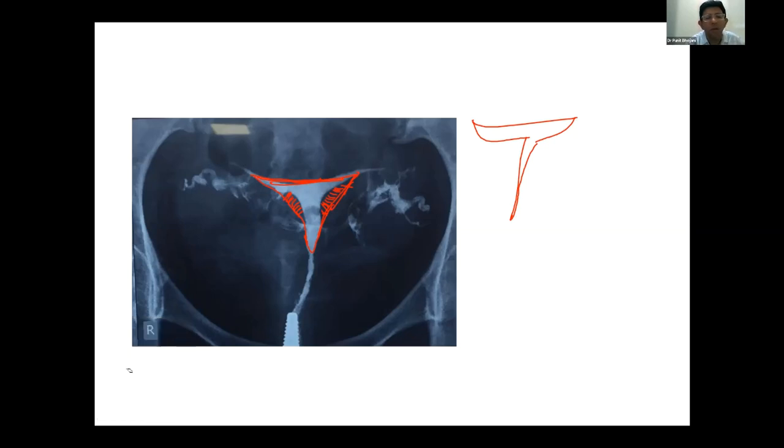So now we will not be seeing babies born with this. Such a DES exposure kind of uterus, the tubes are okay, but the cavity is not completely triangular, and it looks like a T-shaped uterine cavity.